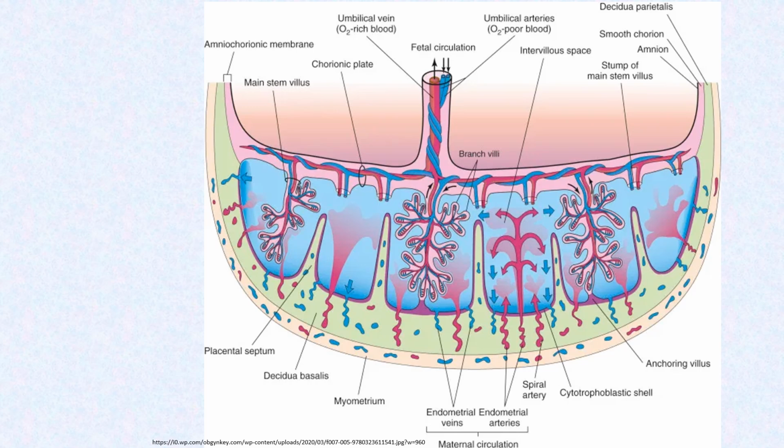The intervillous space between the fetal and maternal components of the placenta is occupied by freely circulating maternal blood. In keeping with its principal function as an organ mediating exchange between the fetal and maternal circulatory systems, the overall structure of the placenta is organized to provide a very large surface area for that exchange.